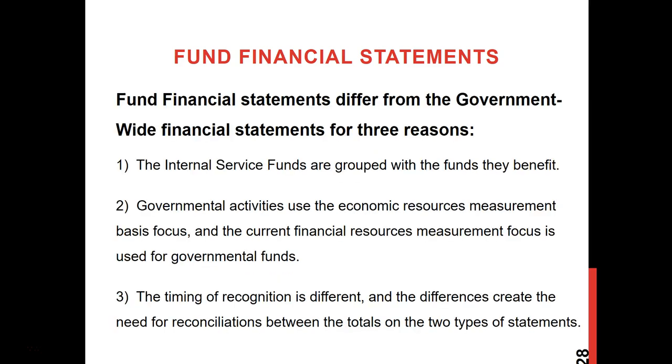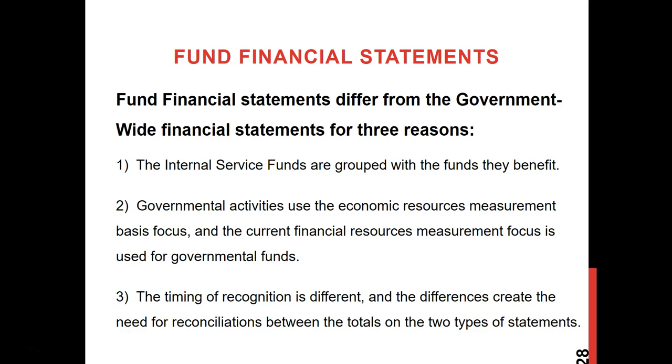So basically here you will see that these statements are completely different from government-wide financial statements. Here the internal service funds are grouped with the funds they benefit, and government-wide is kind of a whole, but these are fund specific.